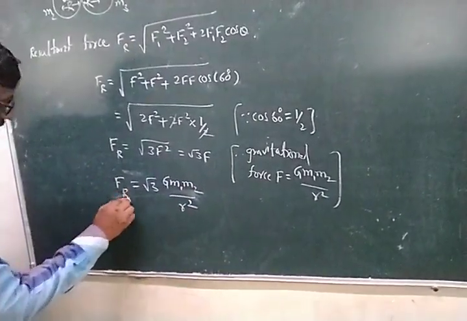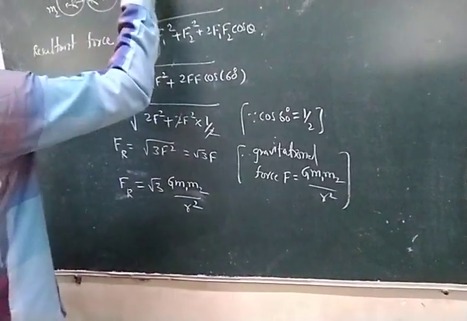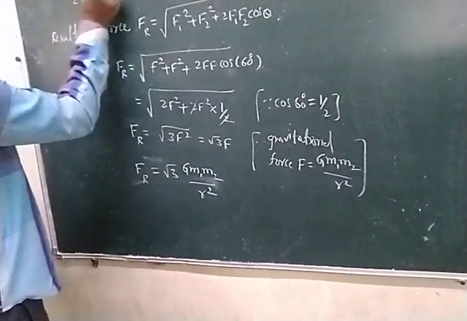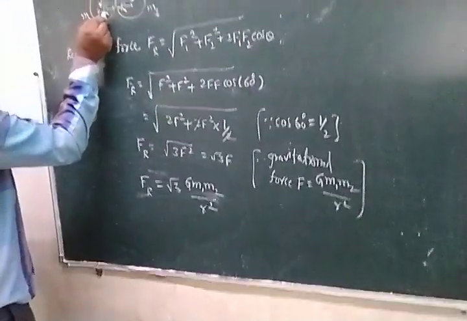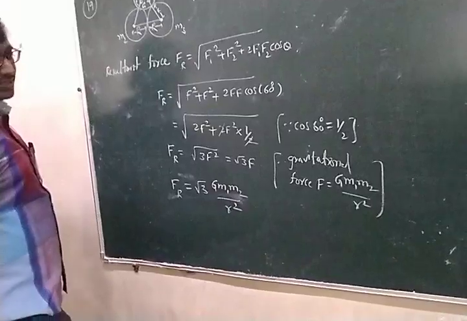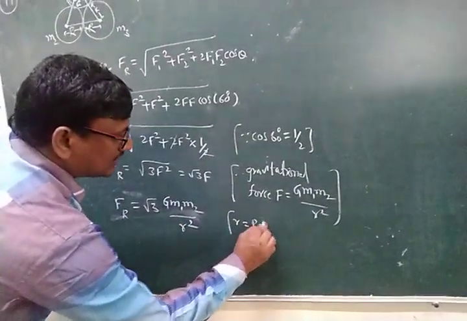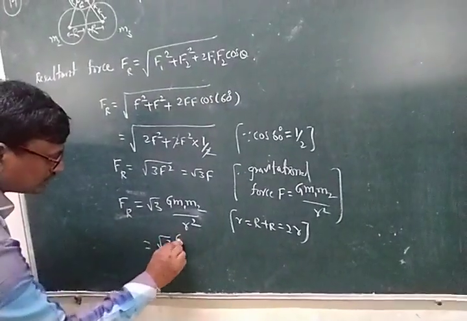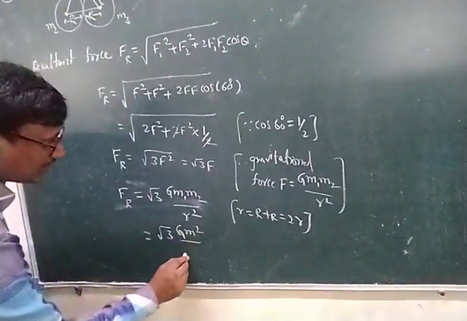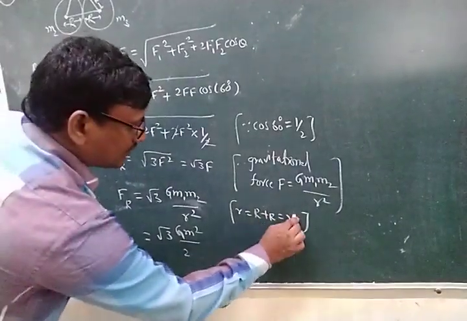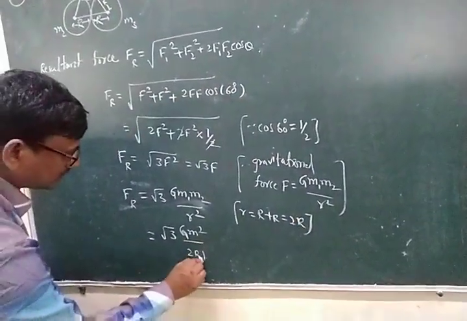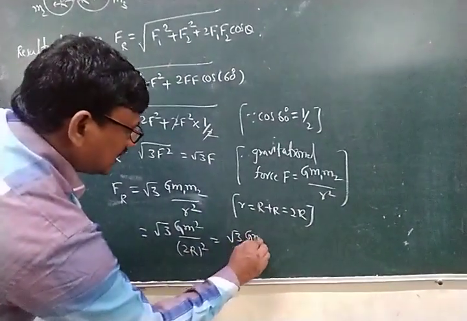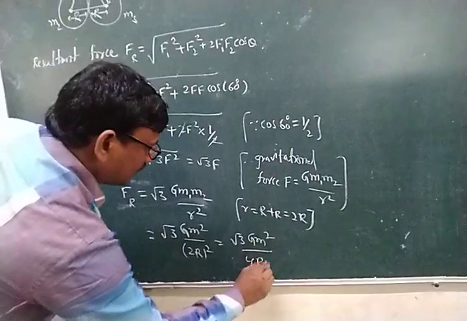Here m1 is equal to m2 is equal to m3 is equal to m, and r is the distance between any two spheres, which is r plus r, that is 2r. Substitute: root 3 G m square by (2r) whole square, that is equal to root 3 G m square by 4 r square.